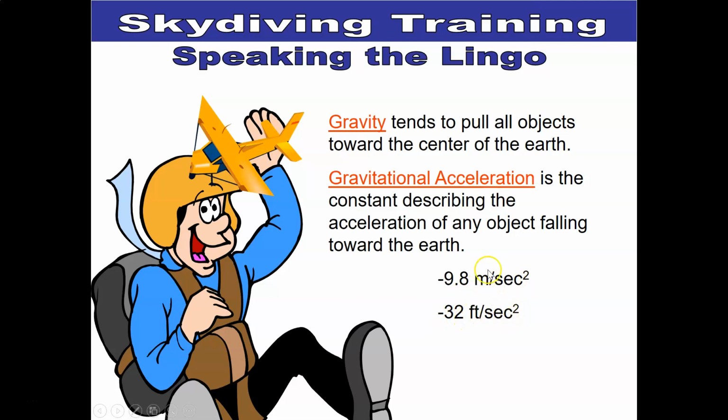So it depends on which unit of distance we're using. If we're using meters or feet, that is the constant you will use for gravity. And that is the number that you would plug in for G. It is a negative because it's pulling whatever the object is downward. So we're going to use negatives to represent downward motion.